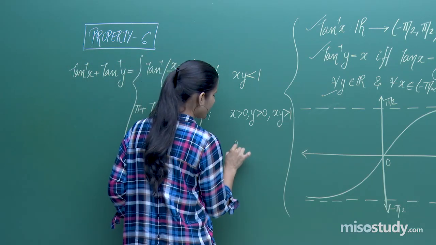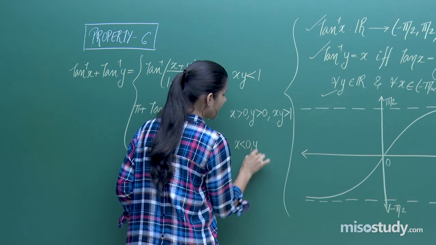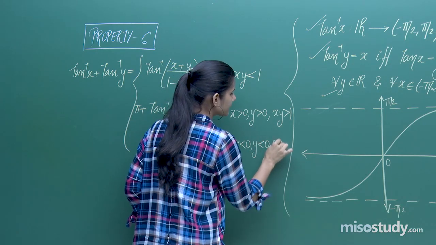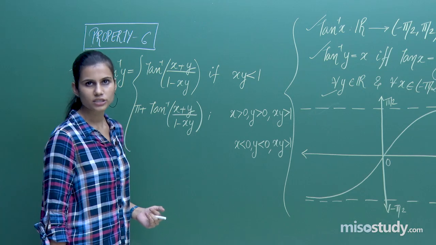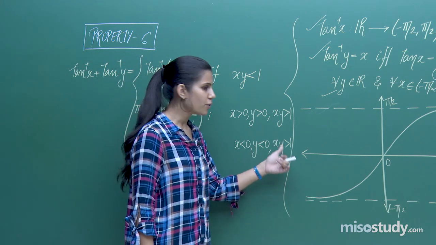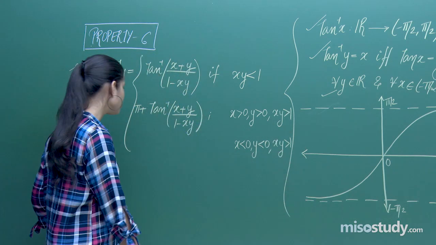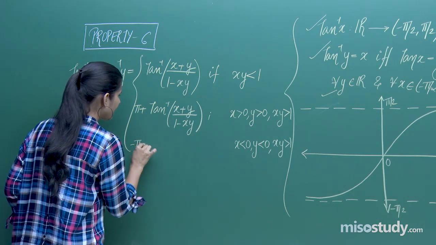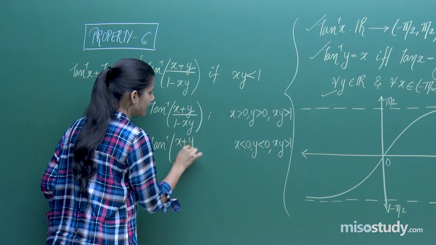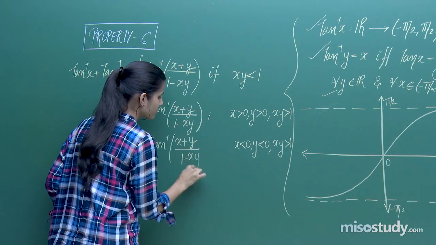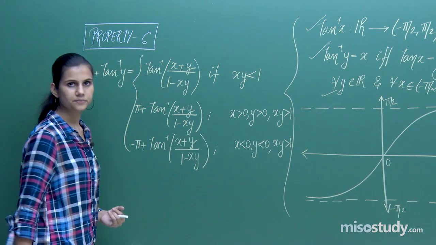And if you have x less than 0, y less than 0, but x into y is greater than 1, because the product of two negative quantities is a positive quantity, and it is not just positive, it is greater than 1, in that situation you get minus pi plus tan inverse of (x plus y) upon (1 minus xy) as your answer.